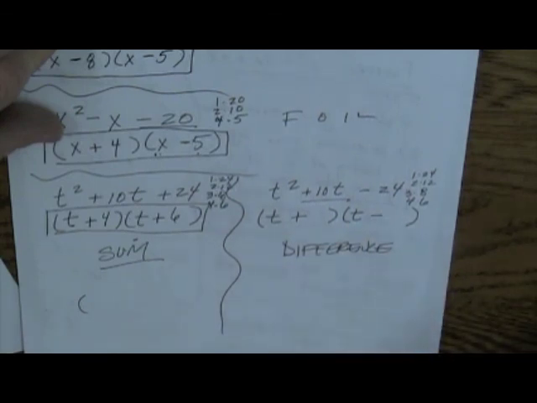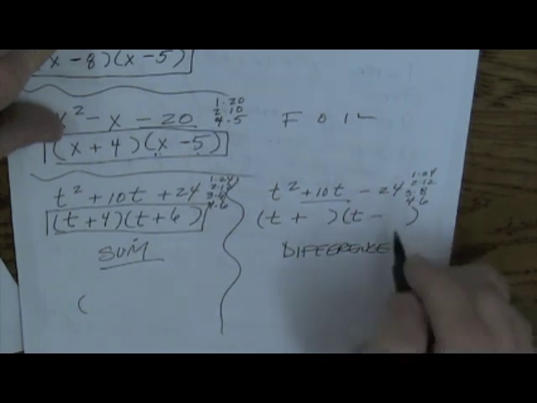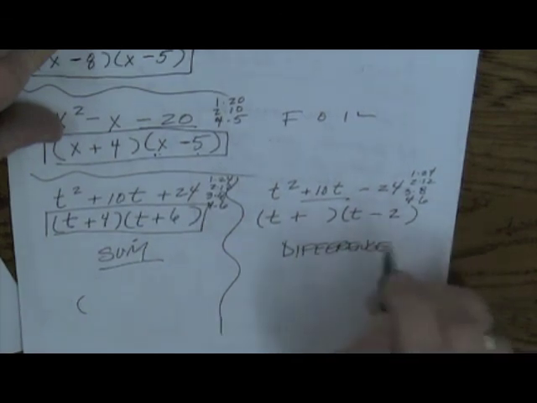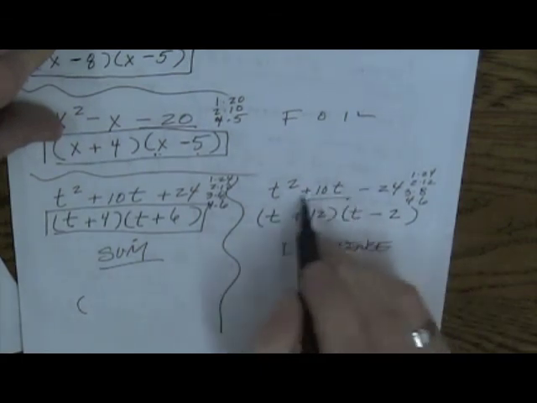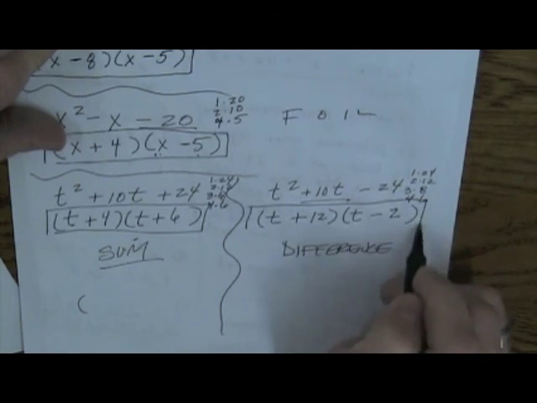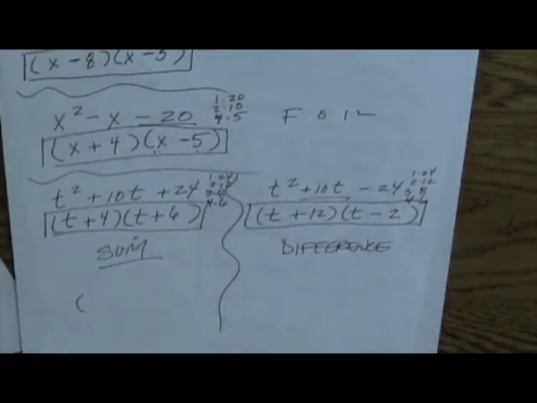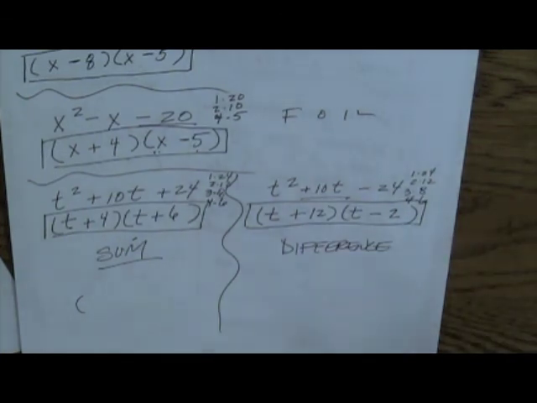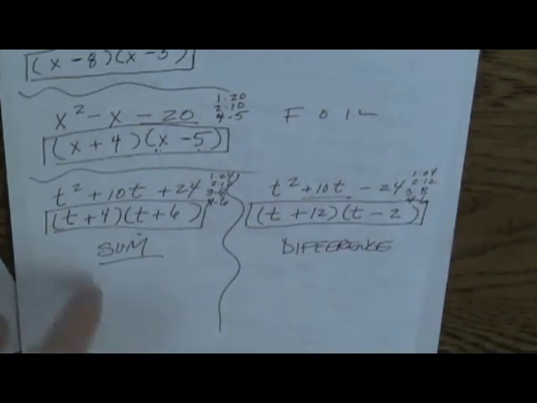Which 2? 12 and 2. -2 and a positive 12 gives you a positive 10. So be careful. If the signs are different, those factors of C have to have a difference of that middle term. If the signs are the same, they have to have the sum.